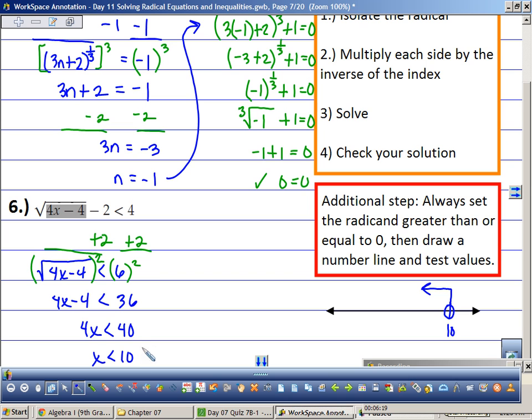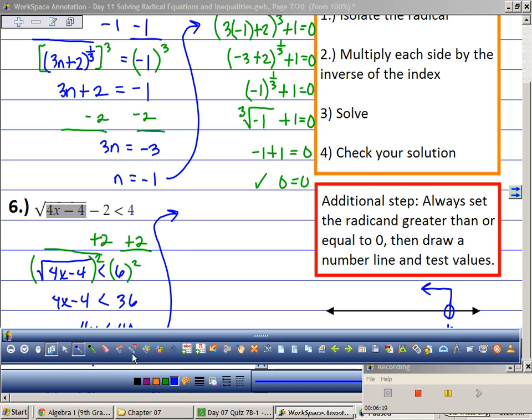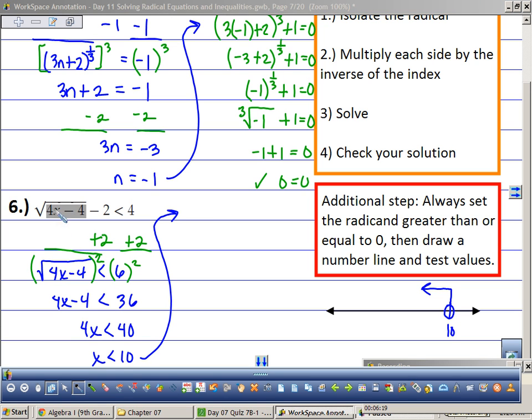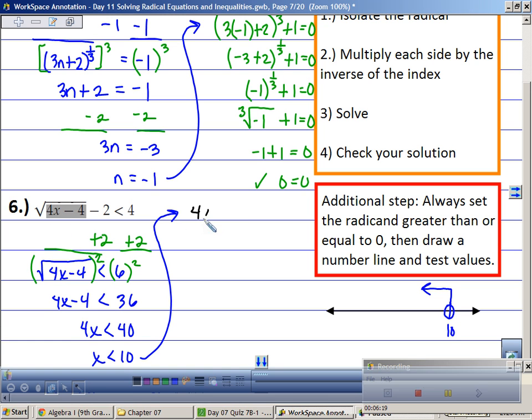So in order to do that, I need to check this right here. 4x minus 4 must be what? Greater than or equal to 0. So if I add 4 to both sides, I get 4x must be greater than or equal to 4, so x must be greater than or equal to 1.